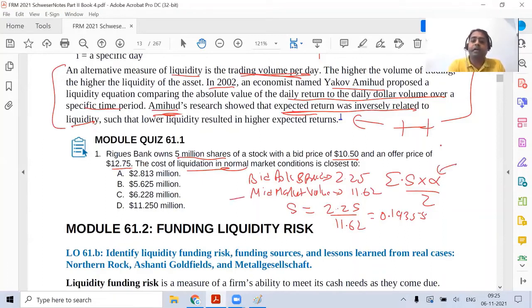You will take the mid market price into 5 million shares, and you'll get the total value. So it's 11.62 into 5 million. So this alpha is around 5.8.